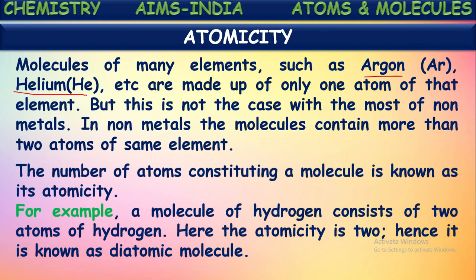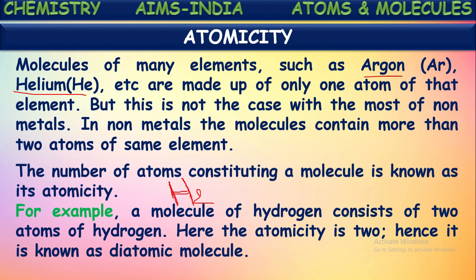For example, a molecule of hydrogen consists of two atoms of hydrogen, isn't it? Whenever you write hydrogen gas, how do we write it? We represent it as H2. That means there are two hydrogen atoms in each molecule of hydrogen gas.